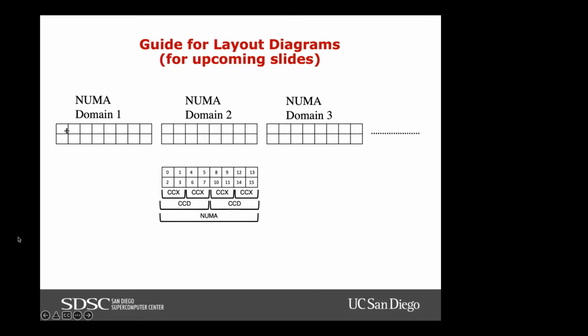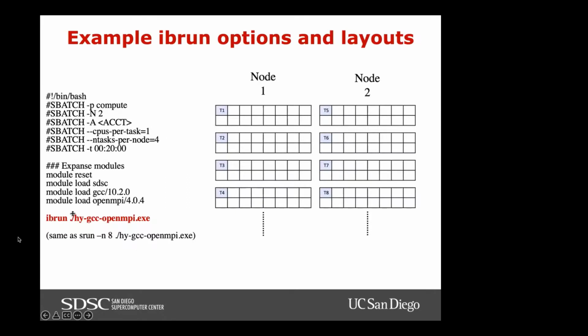So let's look at this. In this example, what we are doing is IB run without anything, right? By default, it will just scatter across all the NUMA domains. That's what's happening here.